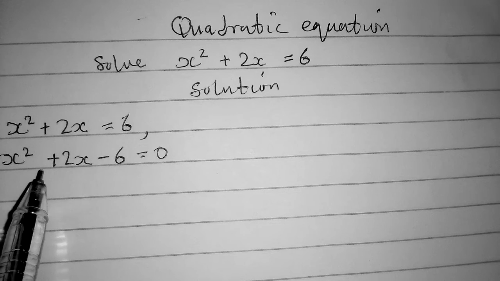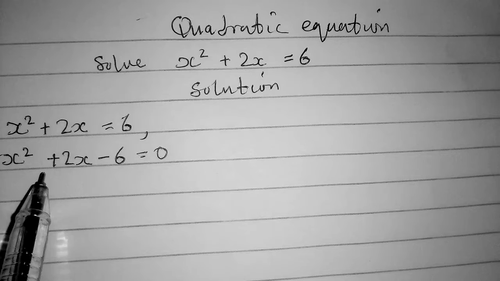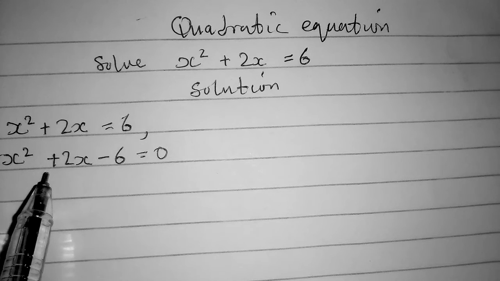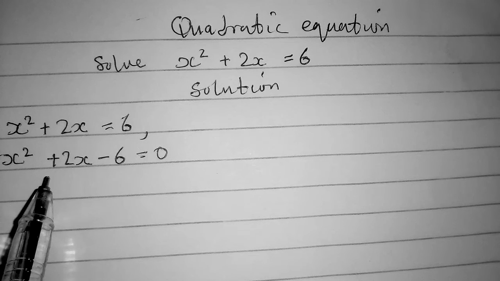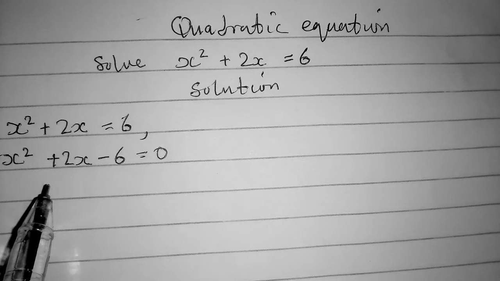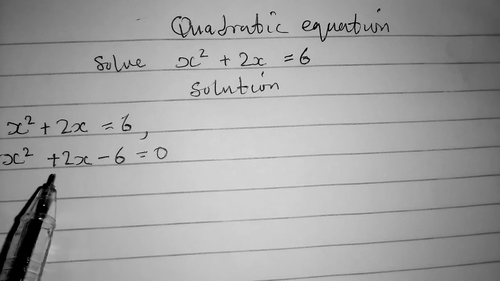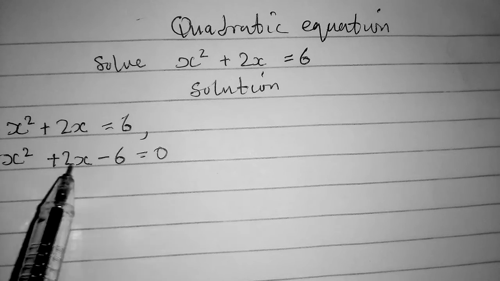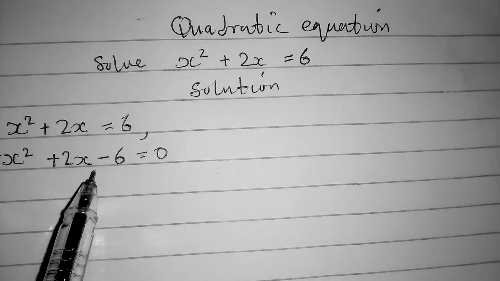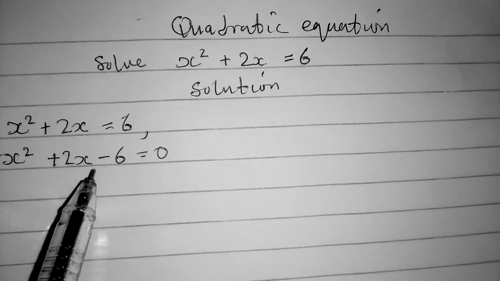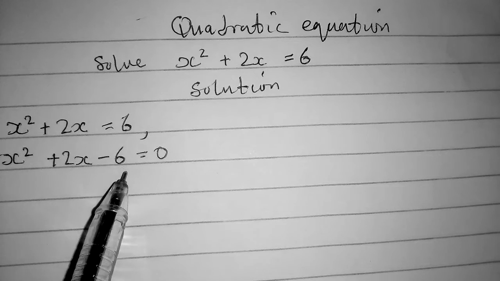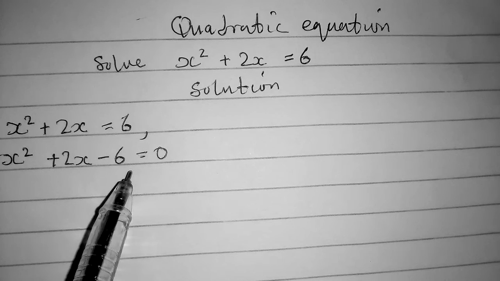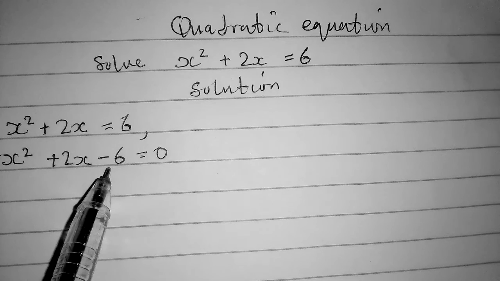One is factorization method, 2 completing the square, 3 formula method, and the fourth one is graphical method. Now, we will not be able to use factorization method in this question because it's very difficult. We can use formula method and completing the square method. We can also use graph method in finding out the value of x.